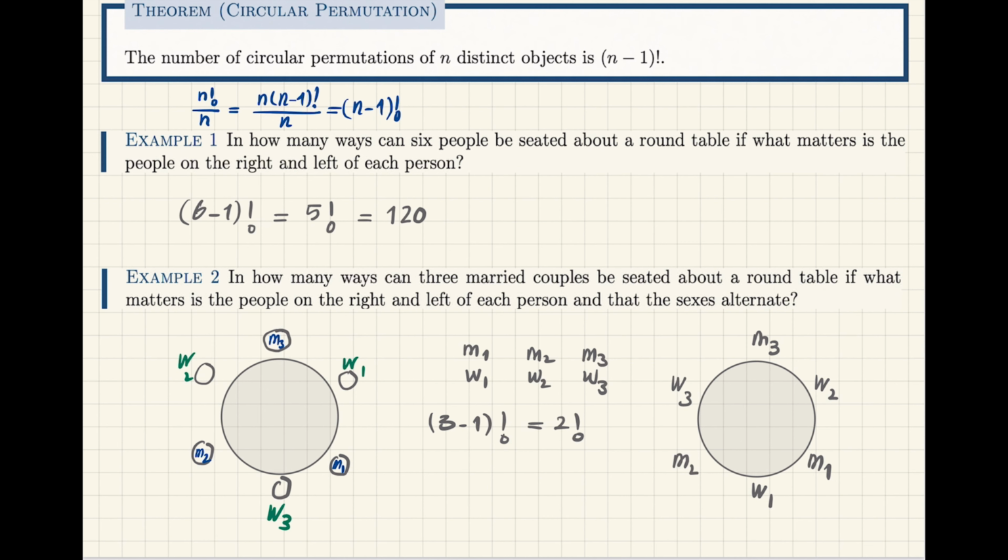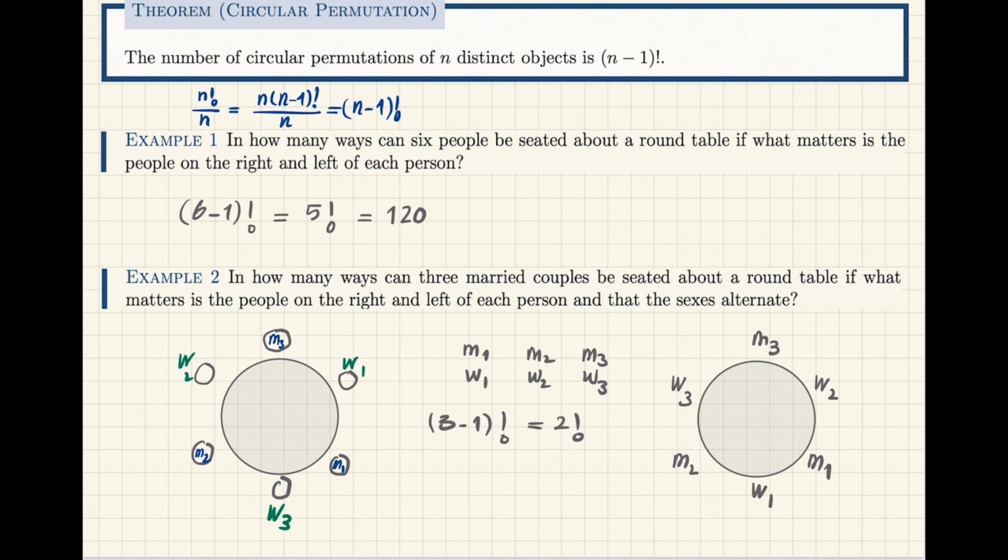But now consider, is this a new permutation from the previous one? Should I count this once more in this problem, or is it exactly the same? According to this problem, do you consider this and this the same or not? No. Exactly, that is what I want you to understand. I am just putting the men in a circular permutation because no one is taking the seats.